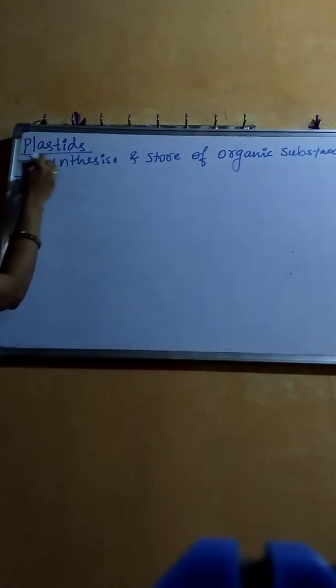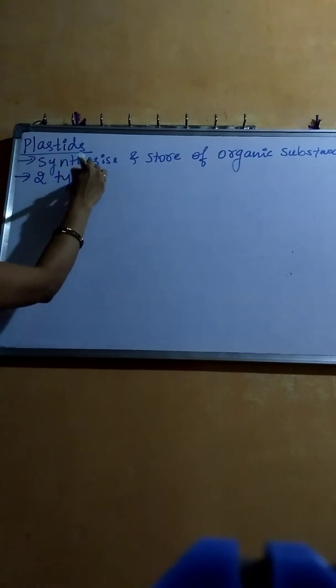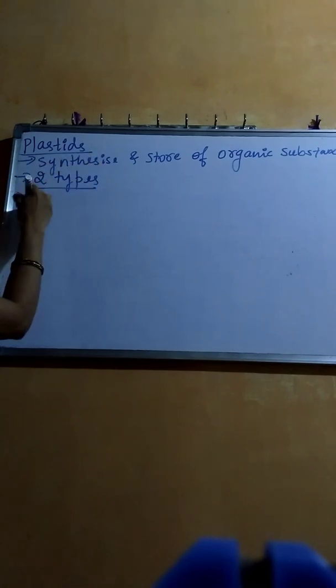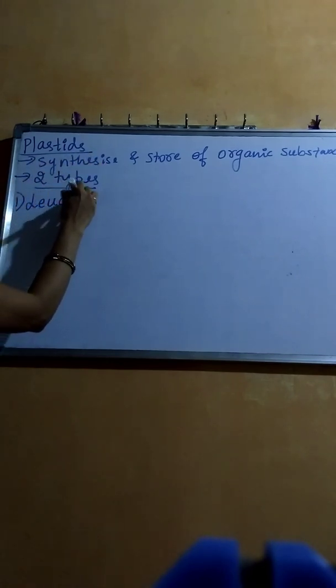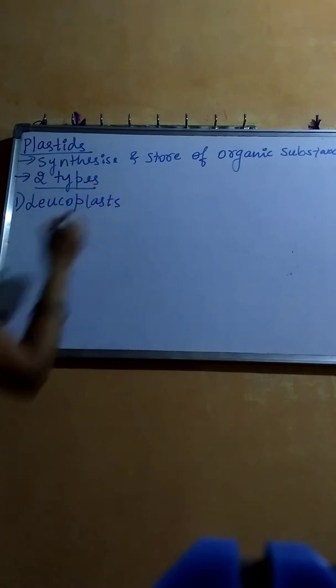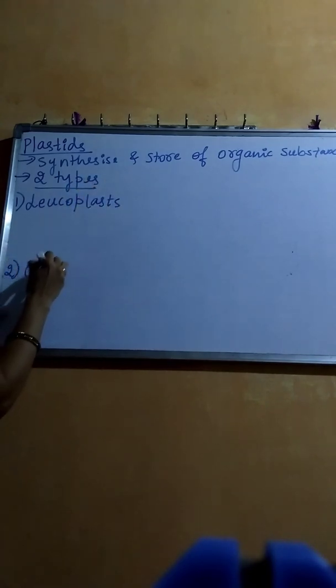There are mainly two types of plastids: one is leucoplast, and another one is chromoplast.